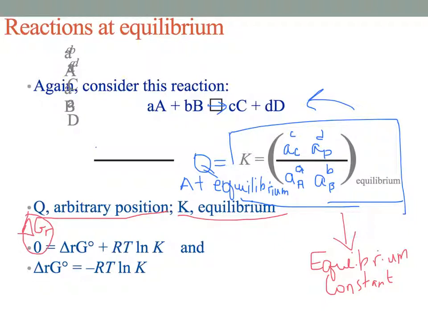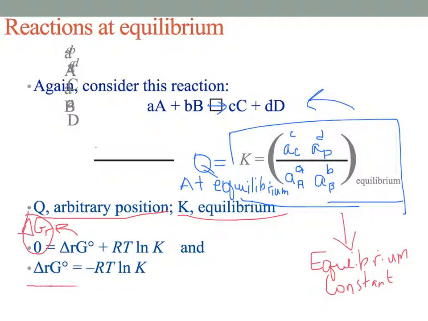All right. So when we set that to 0, because we know that that is the value for the change in reaction Gibbs energy at equilibrium, then we can move this over and solve for the value for the standard reaction Gibbs energy.